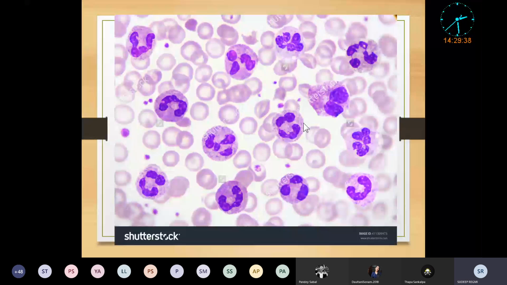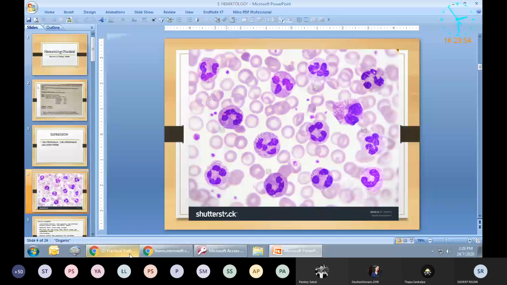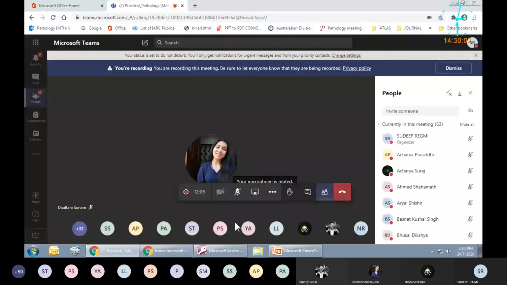For your reference, I have kept a picture of neutrophilia here. You can see there are many neutrophils. These are all neutrophils. This one is a band.